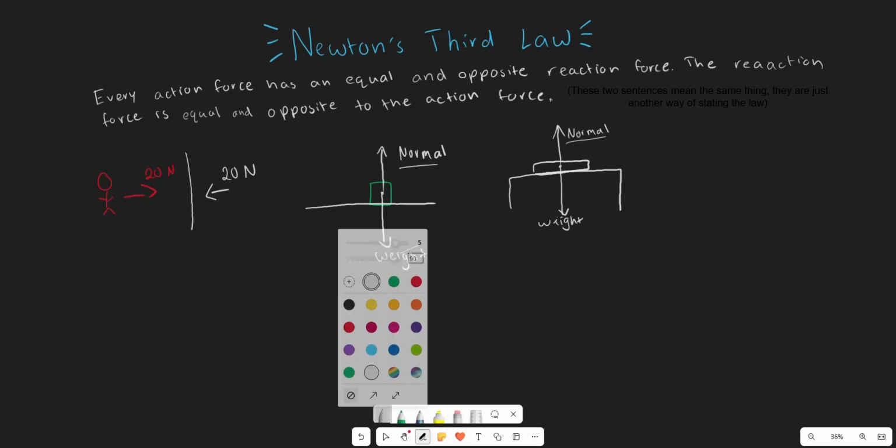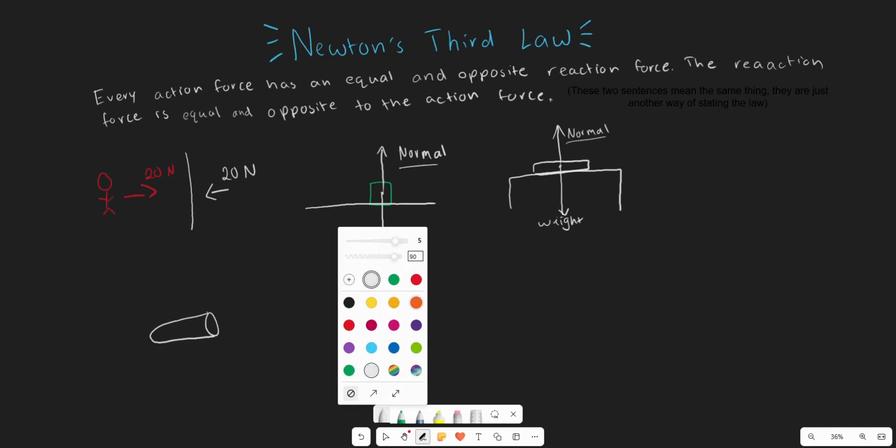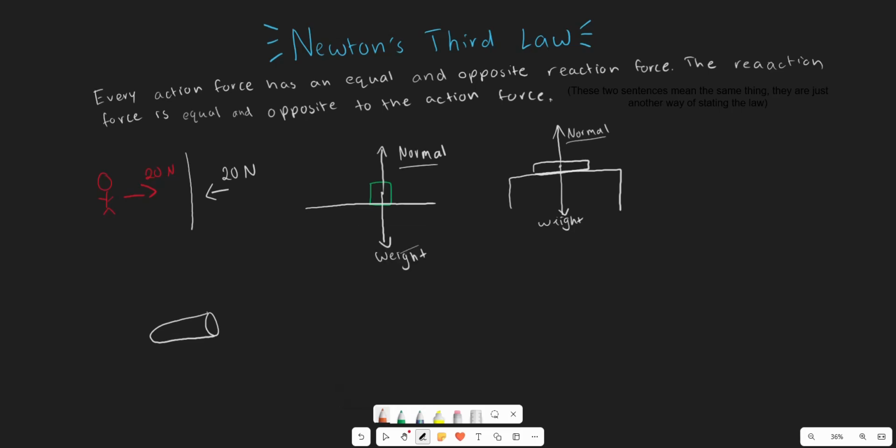When you fire a cannon, this is just another example of Newton's third law. Let's say this is our cannon, and it fires the ball. So that means that the cannon pushes the ball with a force, let's say 100 newtons.